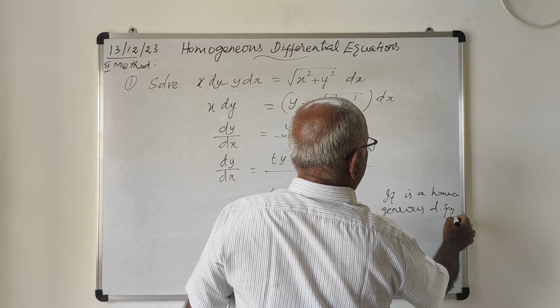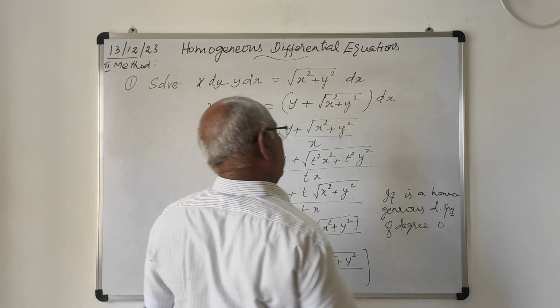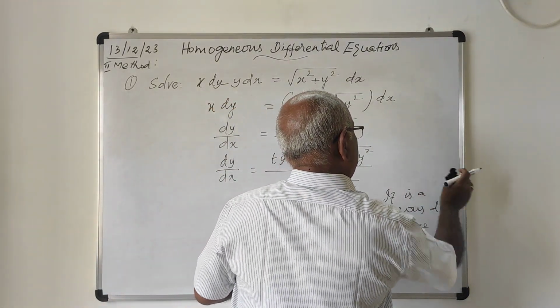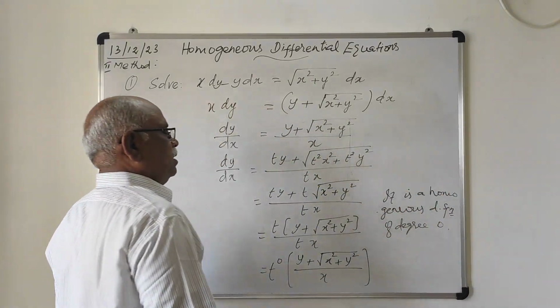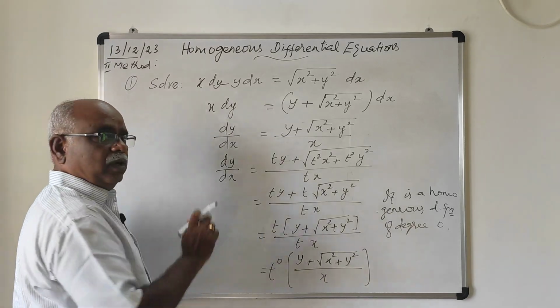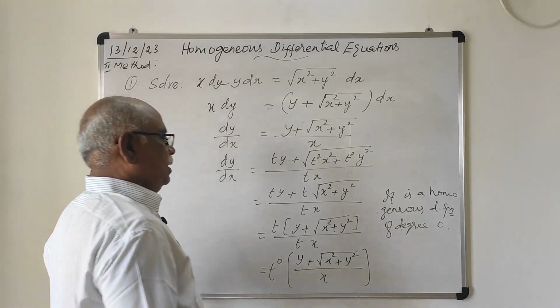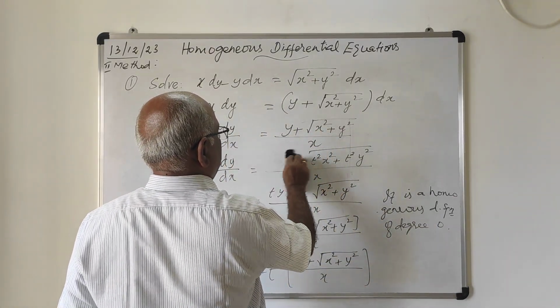We have checked the homogeneity first, and now we have to solve. Dy by dx is this, this is your step.